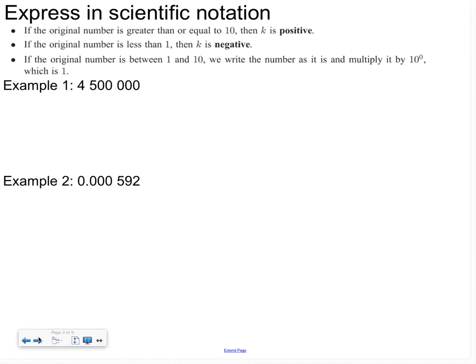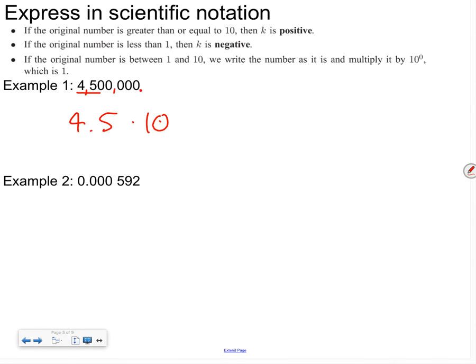So, example 1 here. If we're trying to represent 4.5 million in scientific notation, I'm going to recognize the number I want to look at is 4.5, because that number is between 1 and 10. Well, 4.5 times what power of 10 will give me 4.5 million?